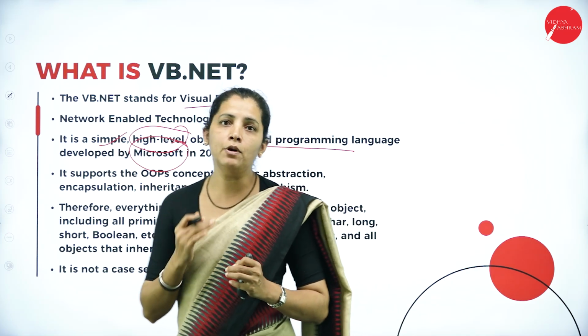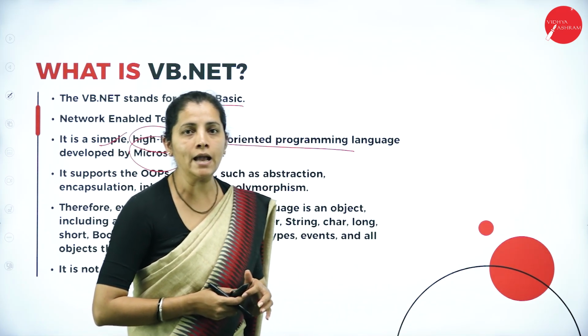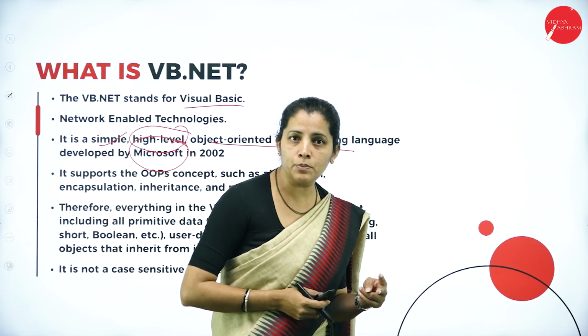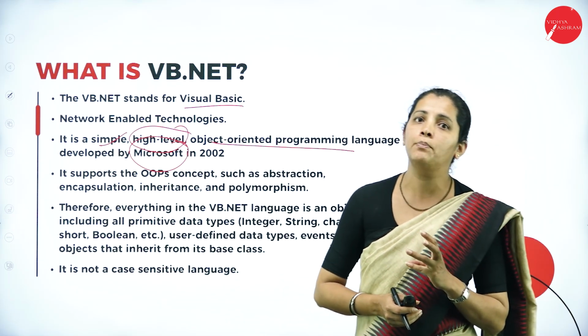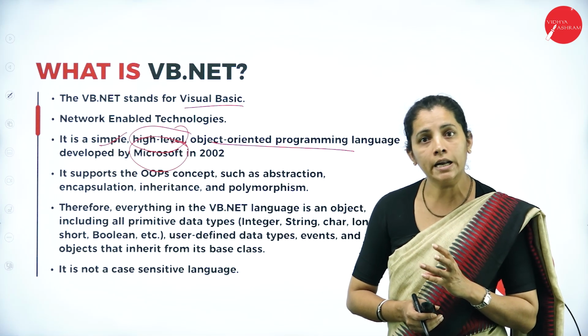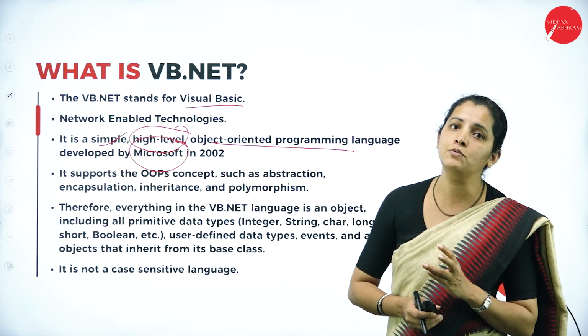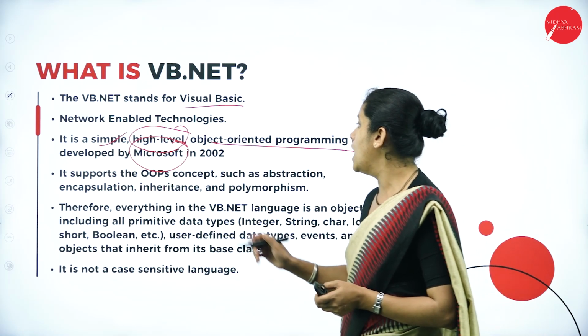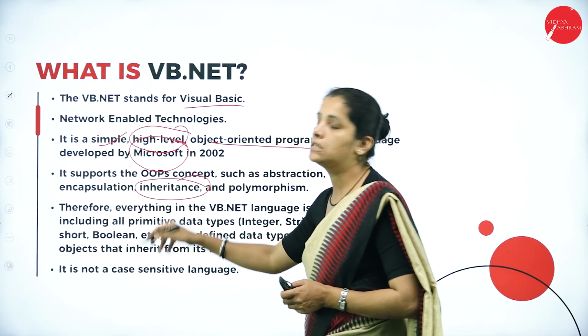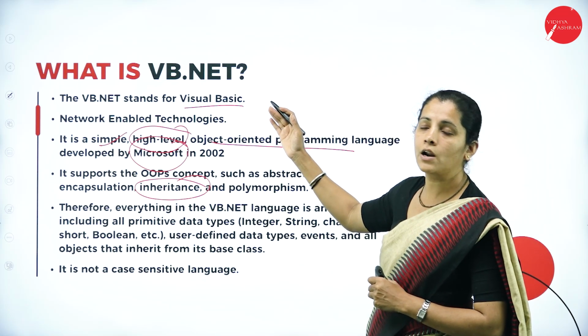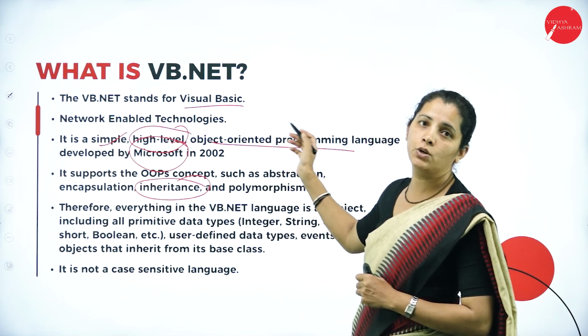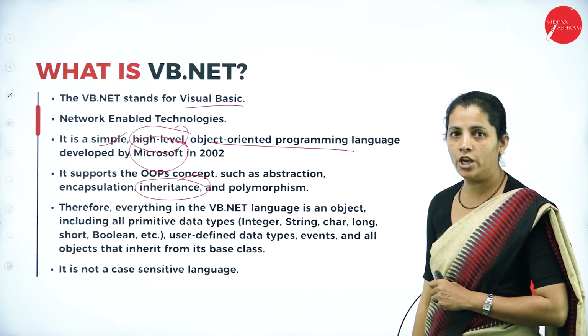We can say a programming language is object-oriented when it supports concepts like data abstraction, data encapsulation, polymorphism, as well as inheritance; then those kinds of programming languages are called object-oriented programming languages.